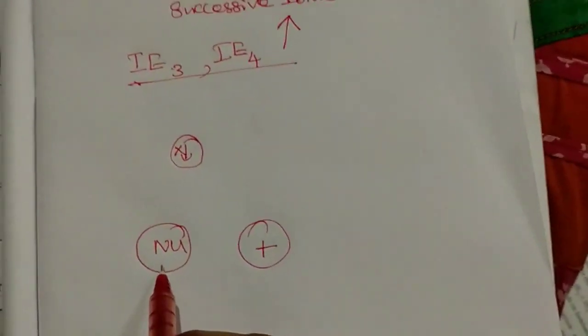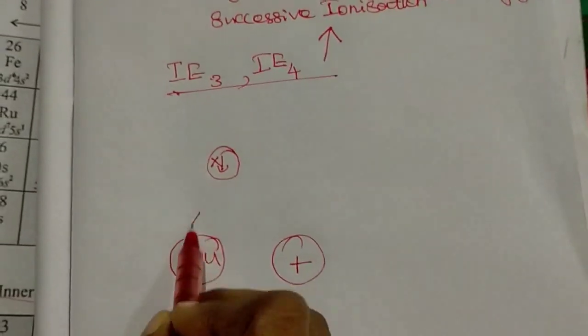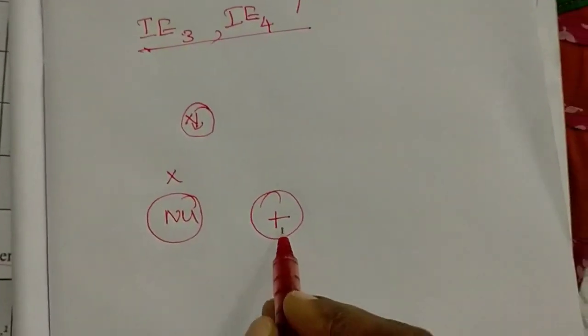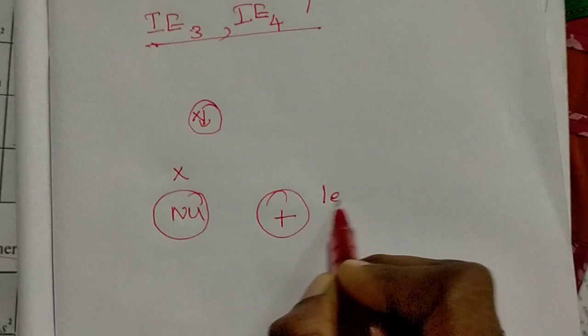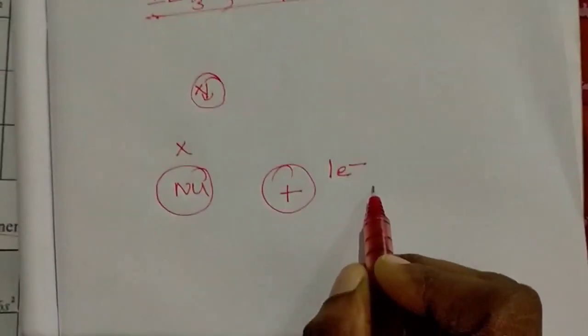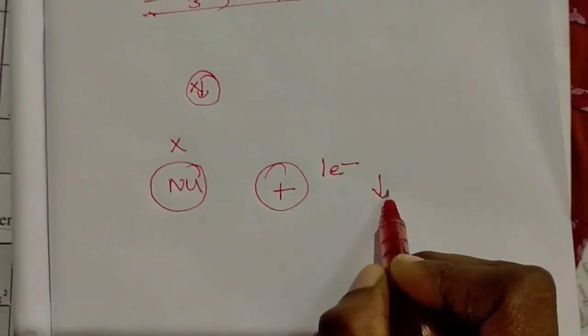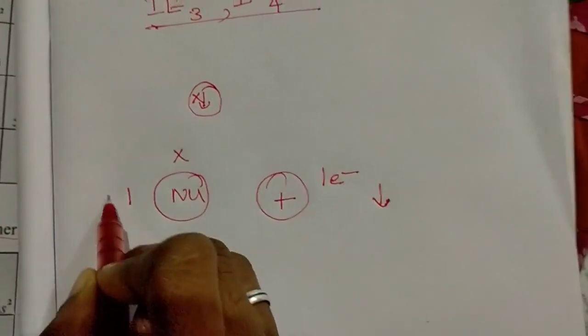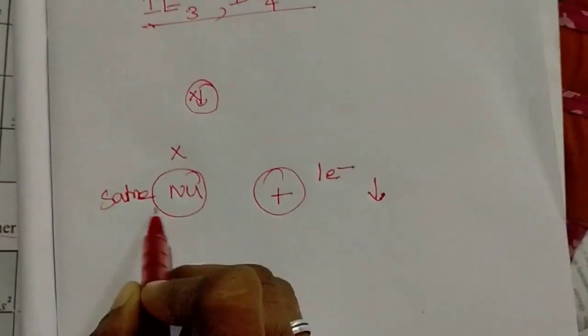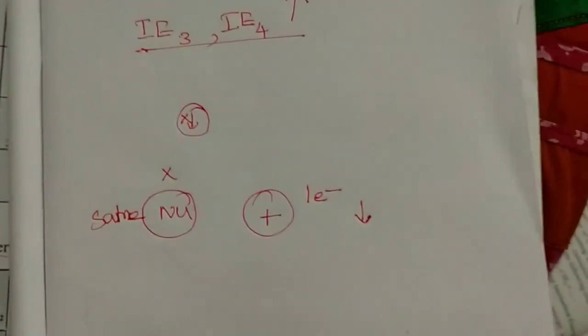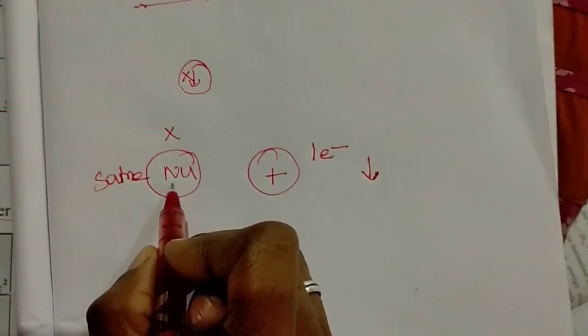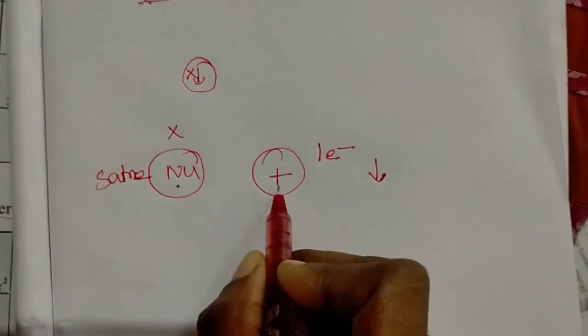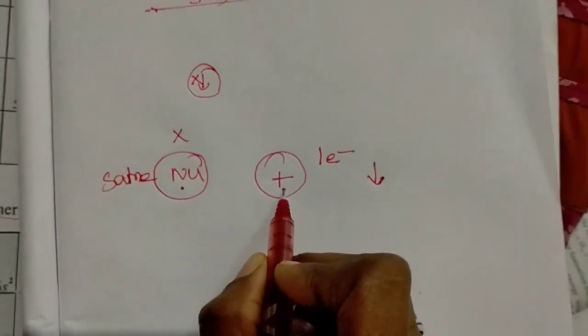From the neutral atom we didn't remove any electron, but from the cation we removed one electron. So the number of electrons is decreased in the cation, while in the neutral atom it is the same as the proton number. Now count the proton number in the neutral atom and in the cation.